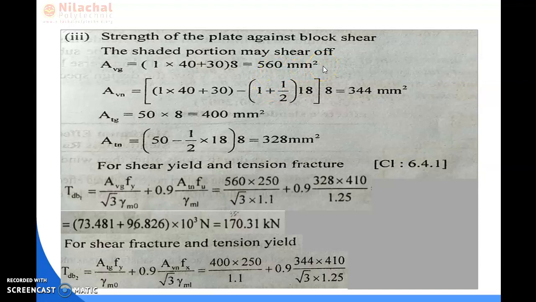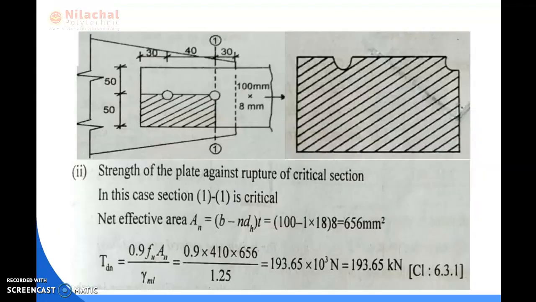So now we will calculate AVN. So to calculate the AVN, we just deduct the bolt hole portion from the total length of the V line along the horizontal axis.